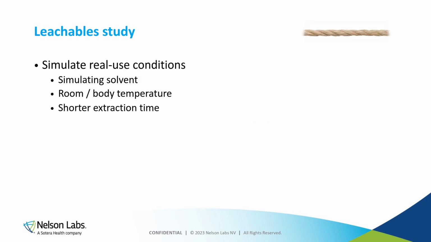Now, the conditions of a leachable study are more case-to-case dependent, but the idea here is to simulate more the real use conditions. And you can do this by using, for example, a simulating solvent. So, for example, if you have contact with blood, you can use 40% ethanol in water instead of 100% isopropanol.